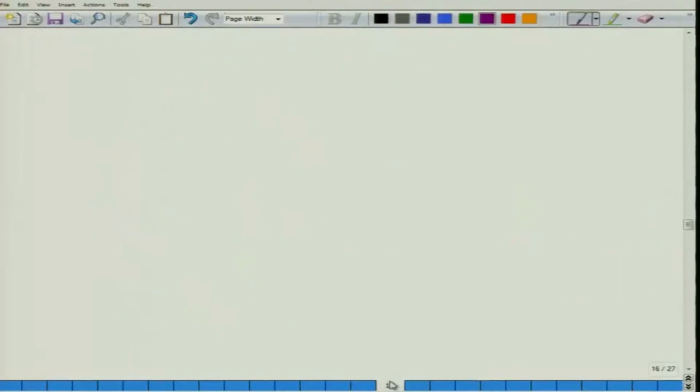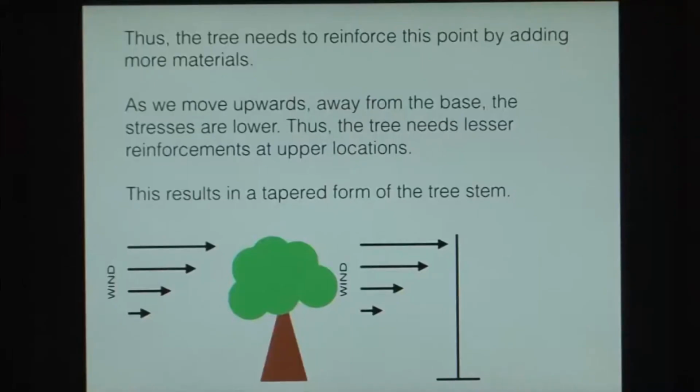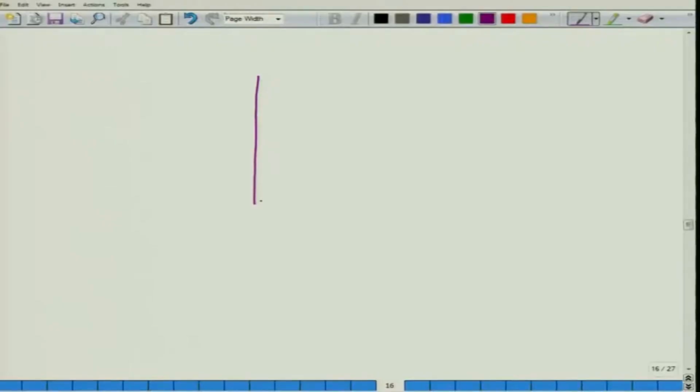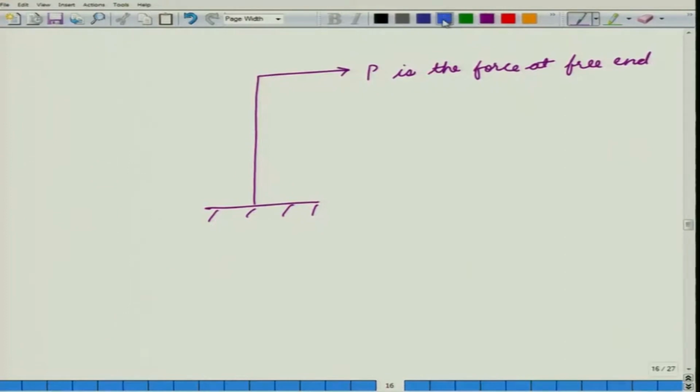But can we show it mathematically? So, let us now consider a cantilever beam on which a force P is being applied. So, P is the force at free end. Now, let us consider a point somewhere here.